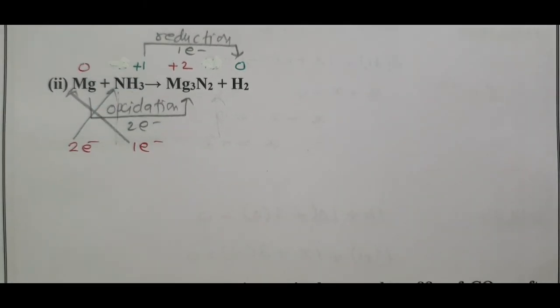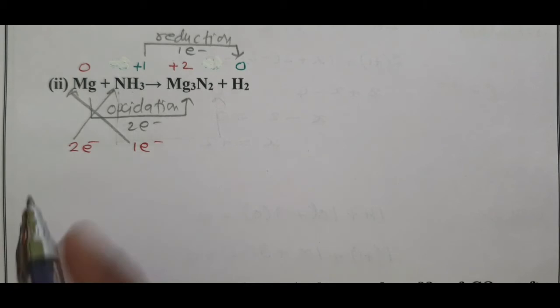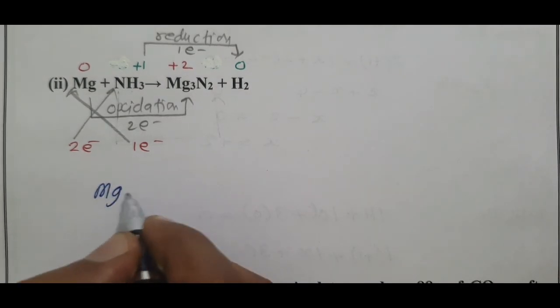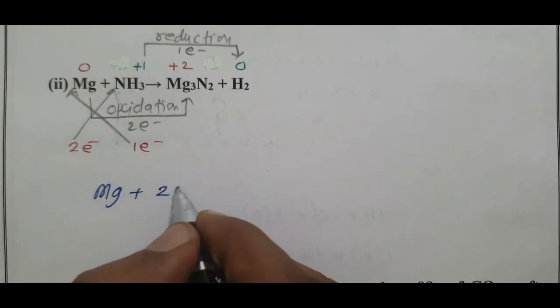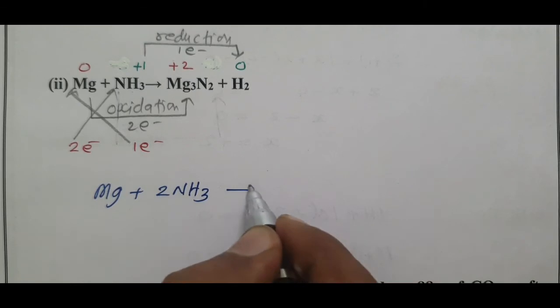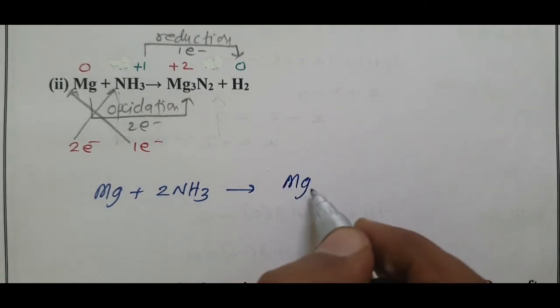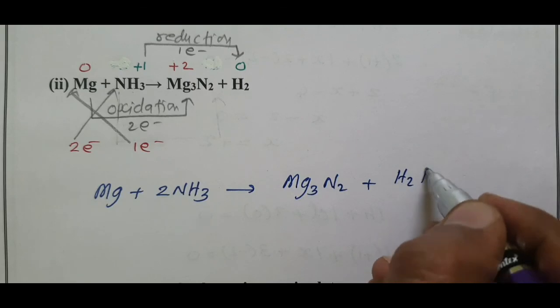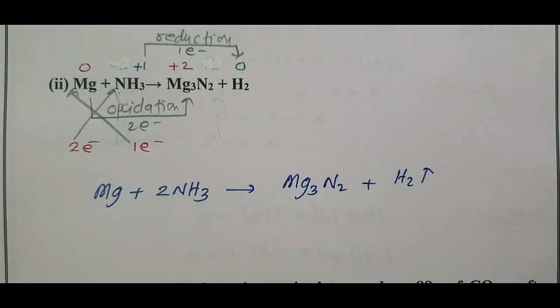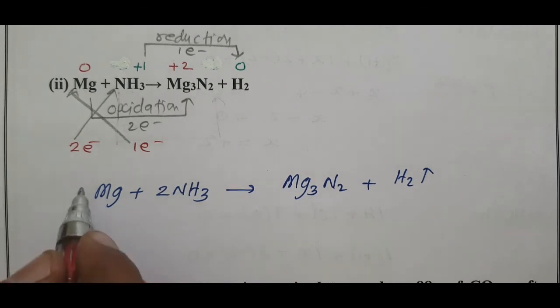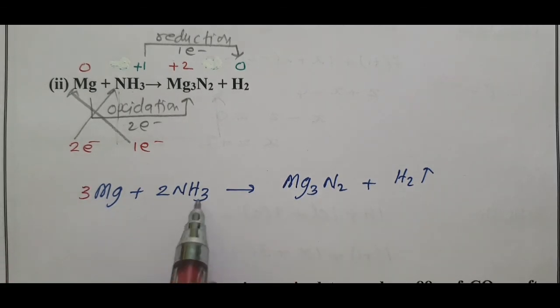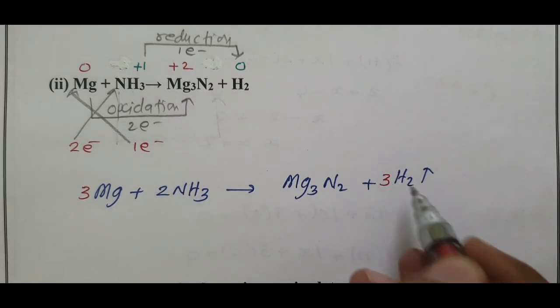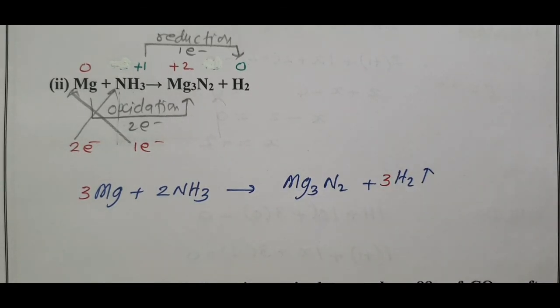Now the equation is very easy. 1 into Mg plus 2 into NH3 ammonia gives on the right hand side Mg3N2 magnesium nitride plus liberation of H2 in gaseous state. Now ordinary balancing hereafter. 2 nitrogen, 3 magnesium, 3 magnesium. 2 into 3 is 6 hydrogen, 3 into 2 is 6 hydrogen. The equation is balanced.